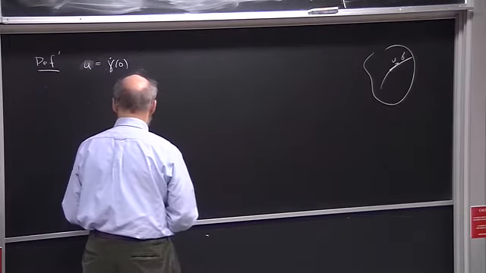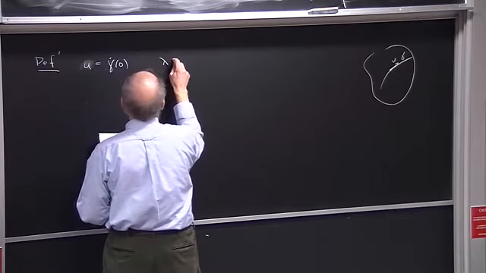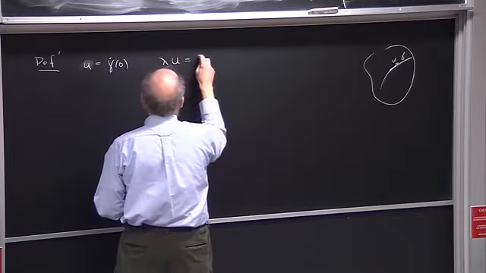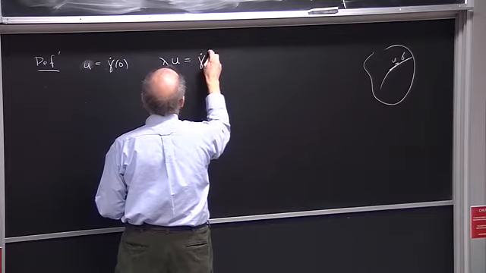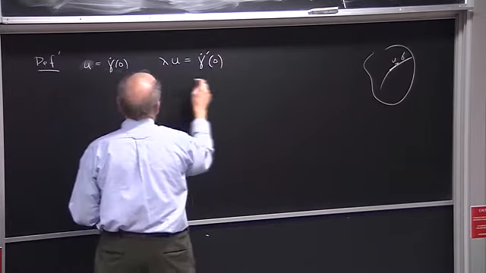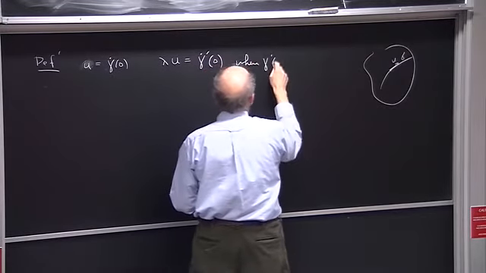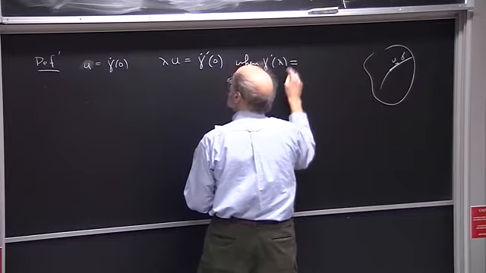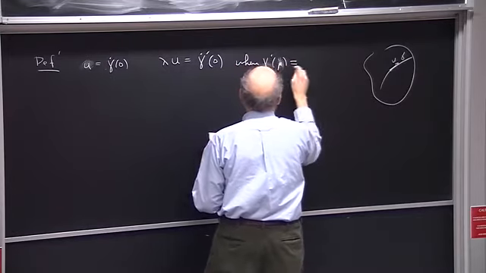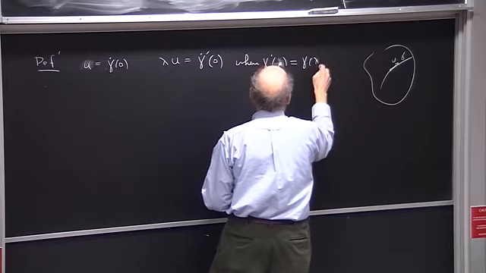If I want to multiply U by lambda, then that's the tangent vector to some other curve, gamma prime, where gamma prime of mu is equal to gamma of lambda times mu.